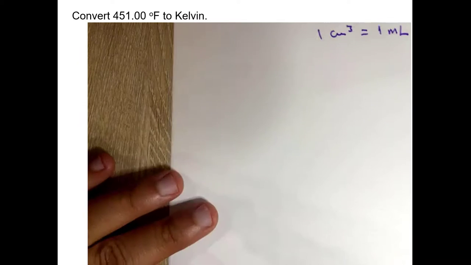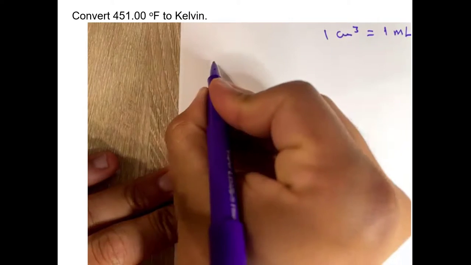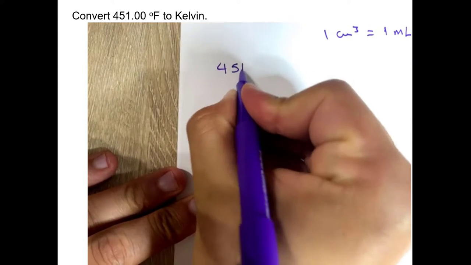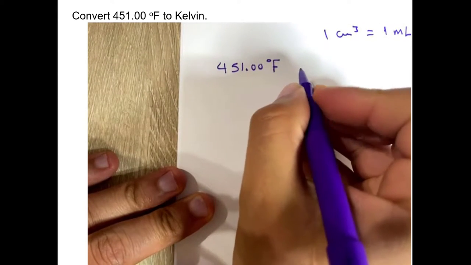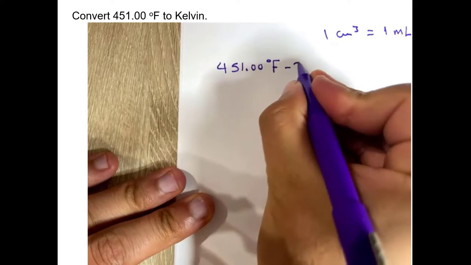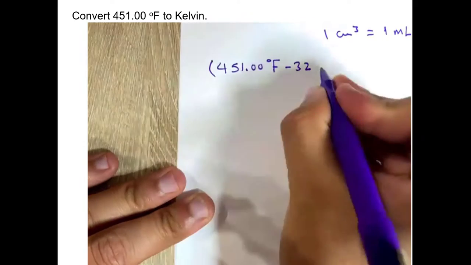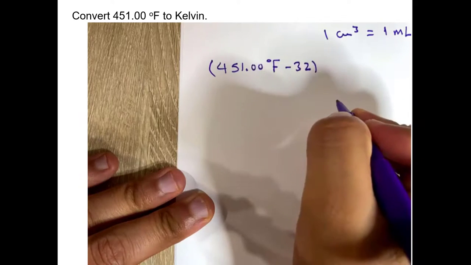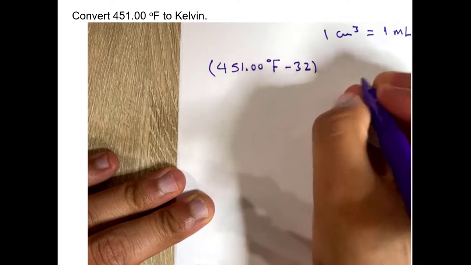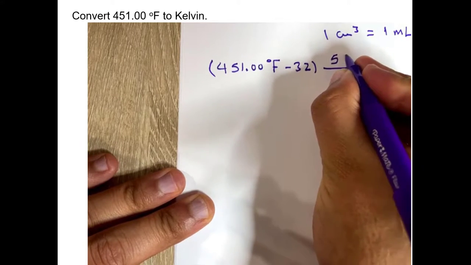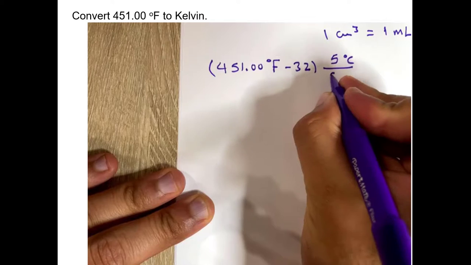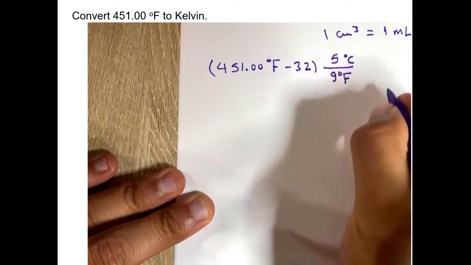If we need to convert 451 degrees Fahrenheit to Kelvin, there is no direct conversion between Fahrenheit and Kelvin, so we have to take it in two steps. We will take the reading in Fahrenheit and subtract 32 degrees Fahrenheit, and then multiply it times 5 degrees Celsius for 9 degrees Fahrenheit.